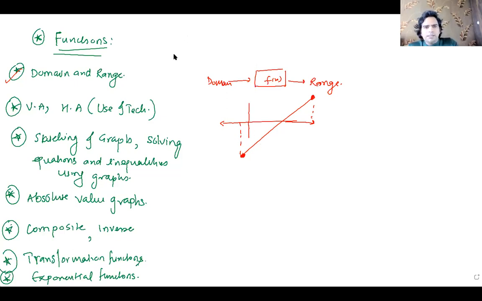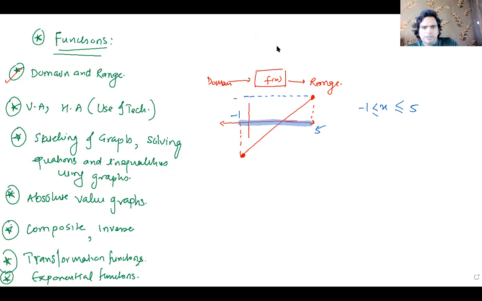You can see the graph exists between these two x values. So let us say this x value is -1 and this is +5, my domain is going to be x between -1 and +5. That's your domain.